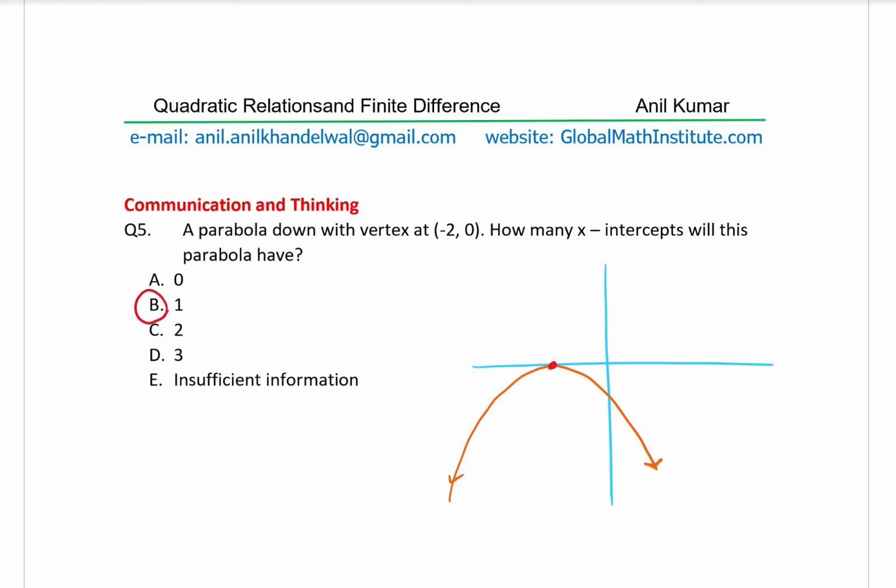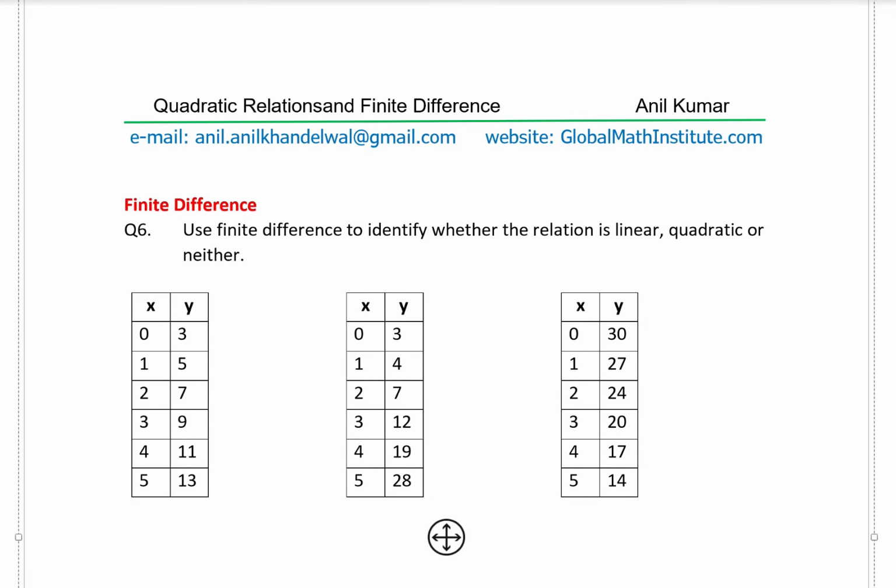Perfect. Question number 6. Now we are moving out of this topic into a new topic, which is finite difference. You have learned earlier for linear equations that the first finite difference is constant.